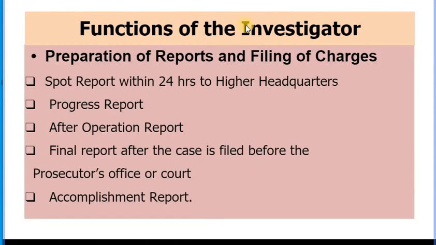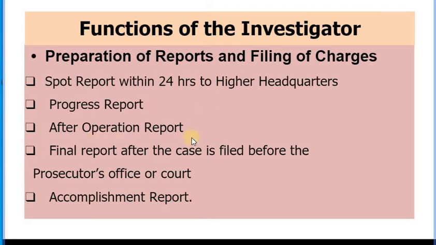Next. Functions of the investigator. As an investigator, you do not just stop at whatever information you found out. This is preparation for reports and filing of charges. Number 1, spot report within 24 hours to the higher headquarters. For example, a spot report is what happened within that day. Progress report is like your follow-up report on the incident.